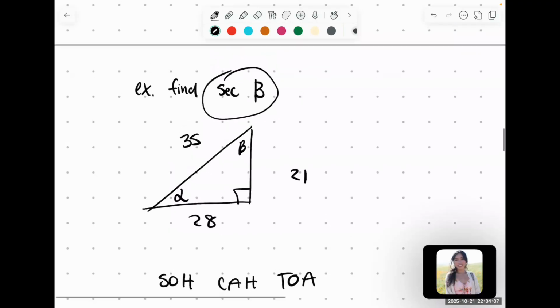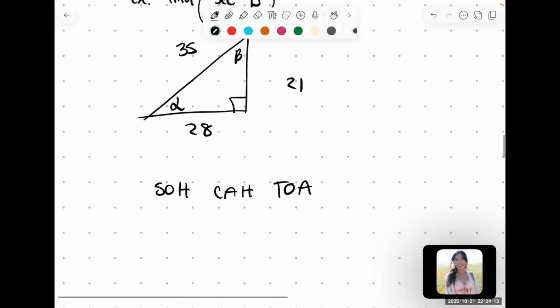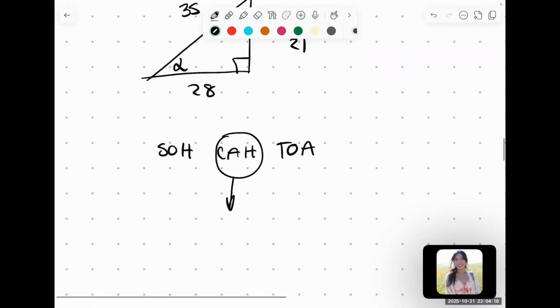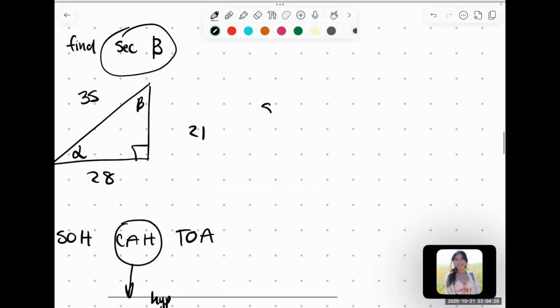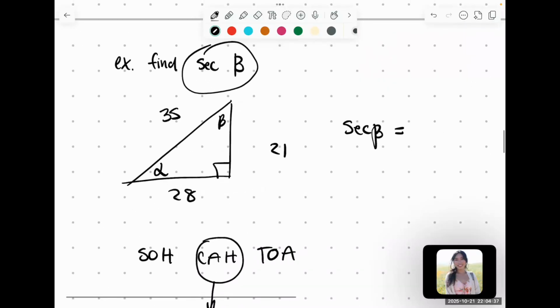SOHCAHTOA, remember that secant is the reciprocal of cosine. So we're going to be looking at this one. But for secant, we're actually going to be doing hypotenuse over adjacent. For secant of beta, that's just going to be our hypotenuse, which, let's see if we could try to remember, how do we determine that? We look at our right angle, we go opposite to that. So this is going to be our hypotenuse, and then we do our given angle, which this time is beta instead of alpha.